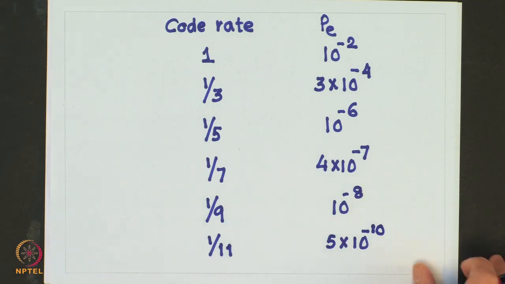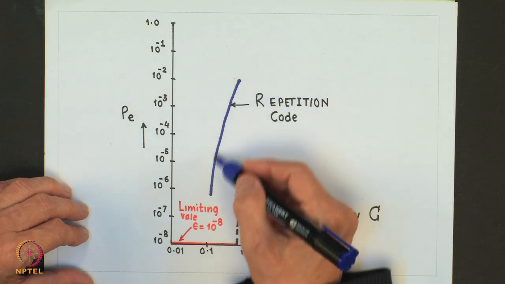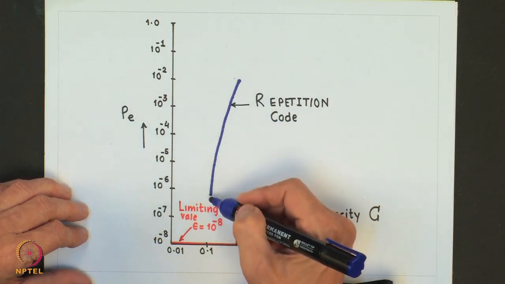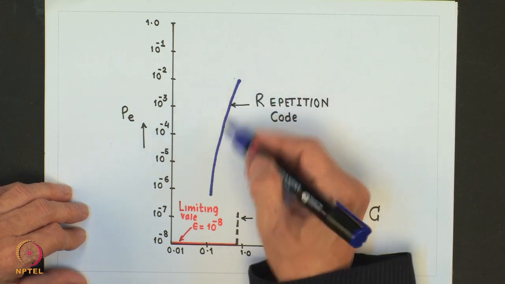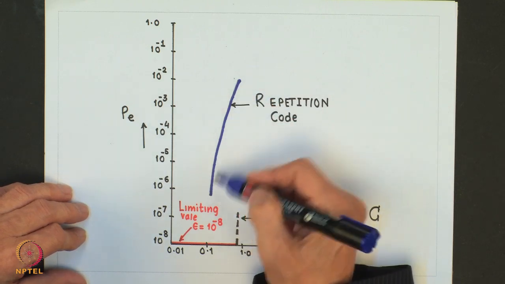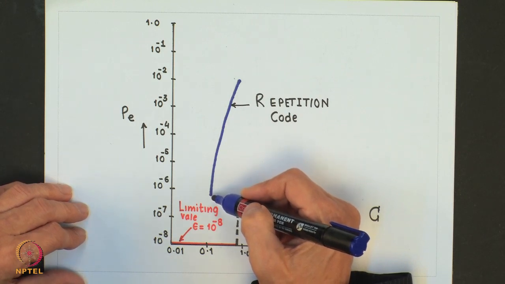So, if we plot this probability of error versus the code rate, this is the curve which I will get. What this curve shows is that as I keep on decreasing my code rate, the probability of error also decreases, correct.